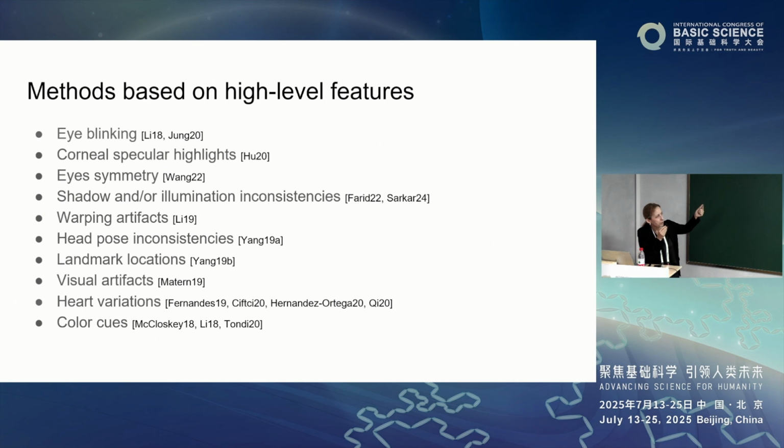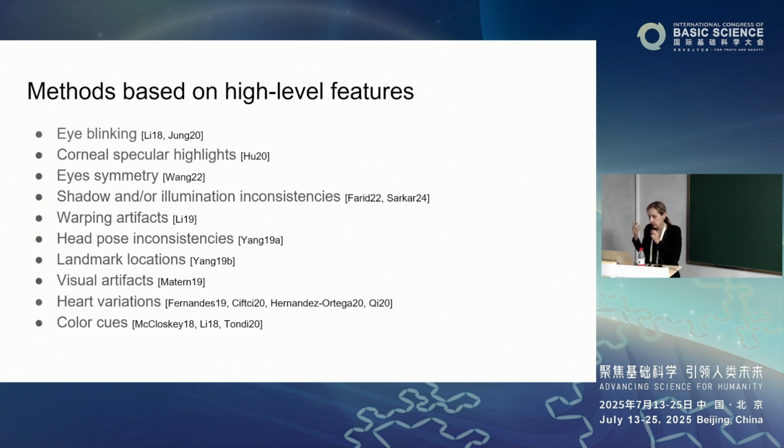One of the first papers on deepfake videos of faces was looking at eye blinking and noted that eye blinking was different from real to fake, manipulated videos. There were also some interesting papers on heart variations. They tried to estimate heart variations from the videos and noted that they were not correct, like in a real video. And so there are a lot of them, as I told you: corneal specular highlights, eye symmetry, shadow illuminations, head pose inconsistencies, and colors.